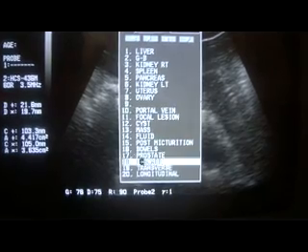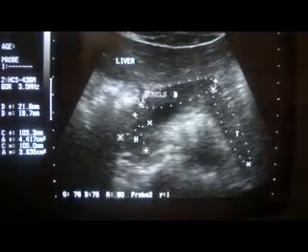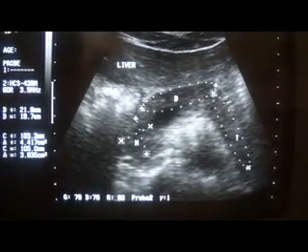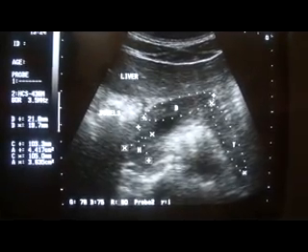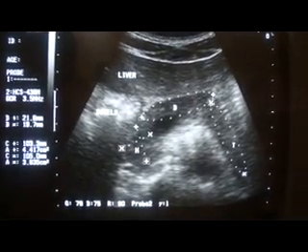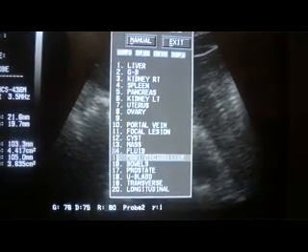Though there are a lot of pathologies that you come across, and that takes time, and there is no shortcut to experience. But to start with, you have to be very well trained in the normal anatomy.